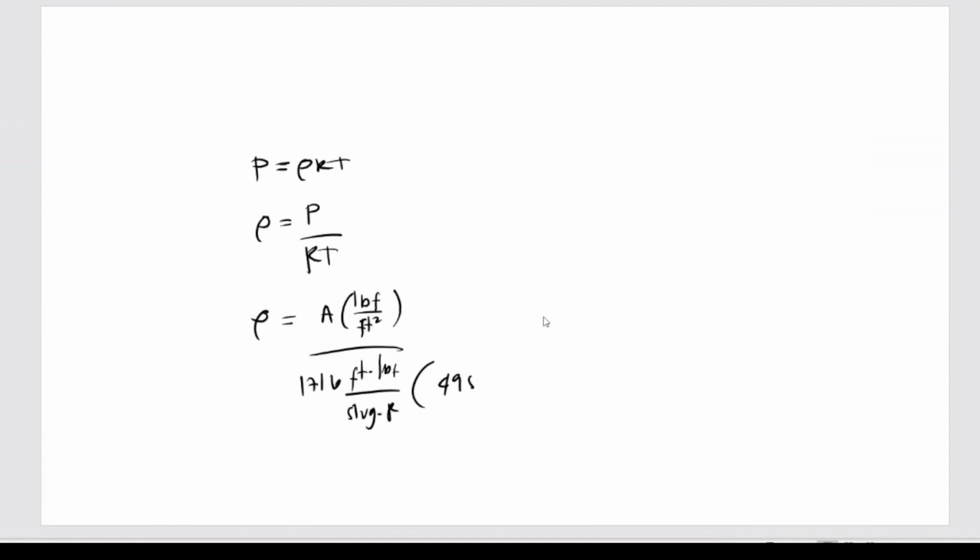So units cancel out. So density is 1.406318404 times 10 raised to negative 3 slug per feet cube. Store B natin.